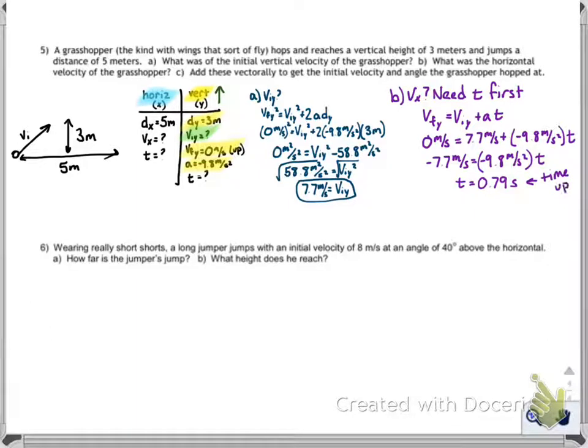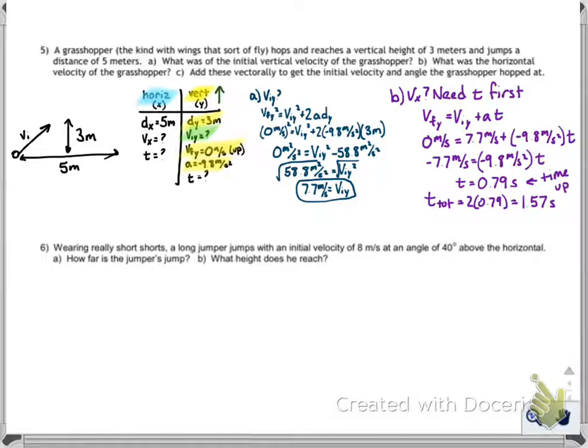Okay. Now this t that I found is only the time up, because remember, I'm only looking at the up path of the grasshopper, so only to the peak, because we use a final velocity of 0. So this is half of the total time. So to get my total time, I'm then going to multiply that number by 2. So I get 1.57 seconds.